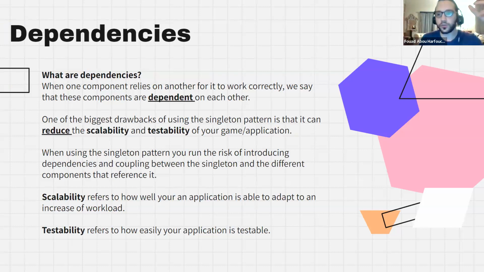We can say that the player script is reliant on the singleton, so they're dependent on each other. If for some reason we get rid of the user interface, then the player script will stop working, which is bad because it doesn't really make logical sense.